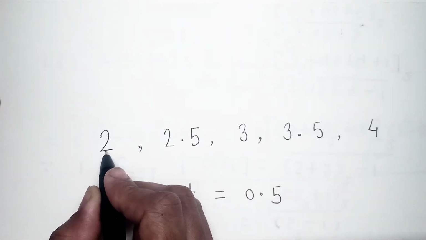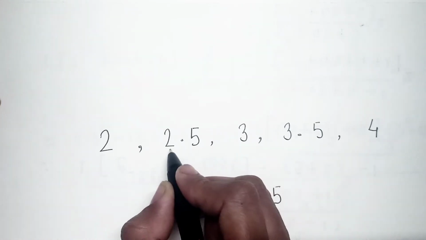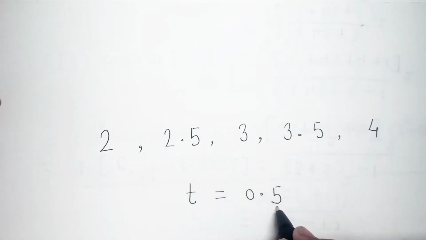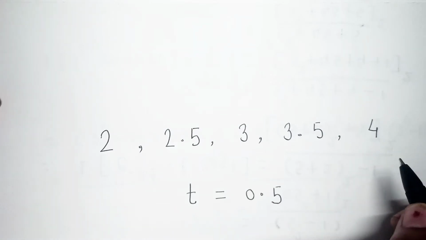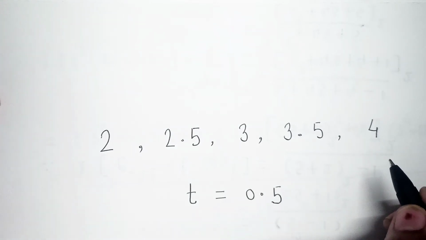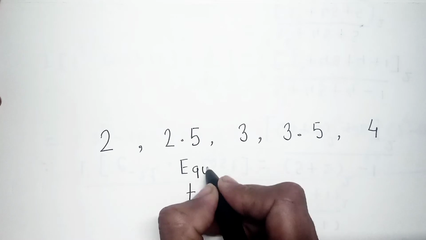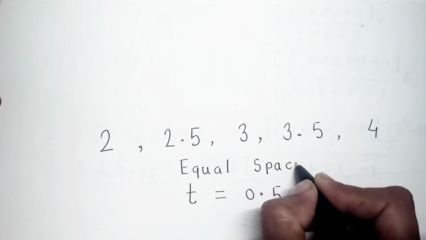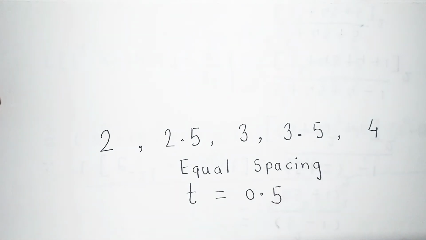That means from 2 to 2.5 the spacing is 0.5. 2.5 to 3, the spacing is 0.5. Similarly, between 3.5 and 4, the spacing is 0.5. So in the linear interpolation, equal spacing is involved. So here the important point is equal spacing. That means generate a number by using equal spacing here.